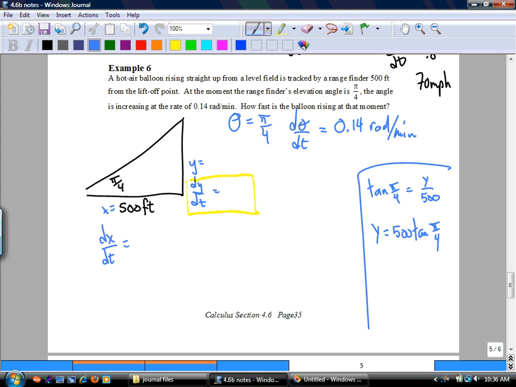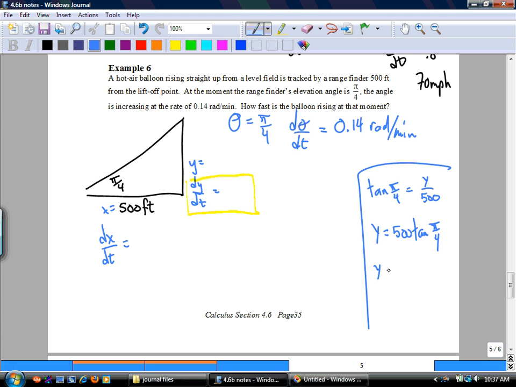Make sure your calculator's in radian mode here. Most of us would just remember what the pi over 4 triangle is: it's 1, 1, root 2, so 500, 500, 500 root 2. But if it's not pi over 4, then you have to do what you're suggesting in the box. So 500 tan pi over 4 is 500.